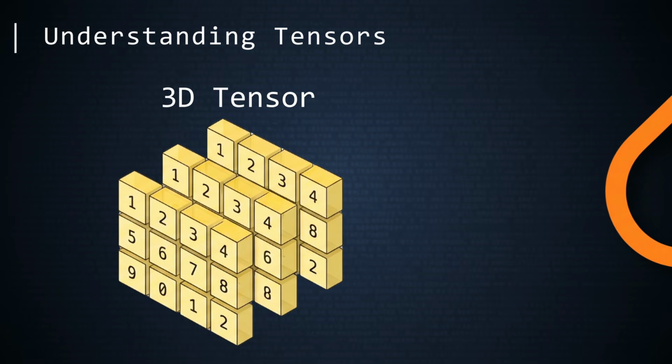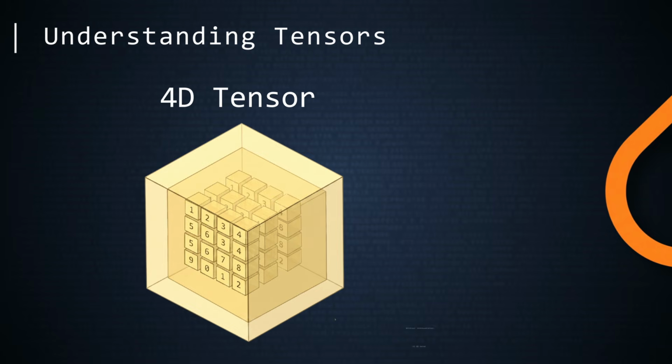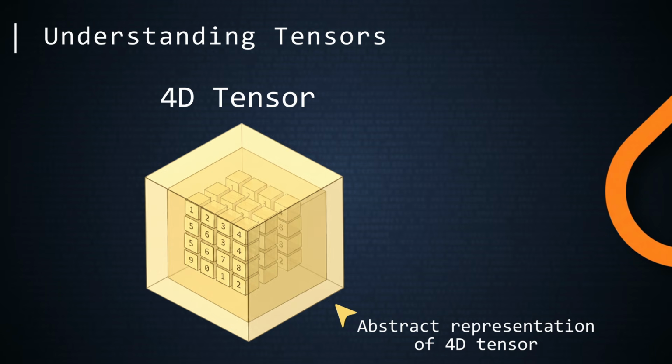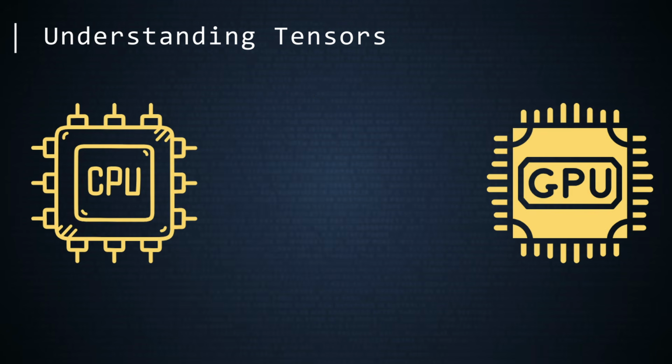A three-dimensional tensor is a stack of matrices, a structure that can still be represented visually. Beyond 3 dimensions, tensors can no longer be visualized geometrically, but the logic remains consistent. A 4-dimensional tensor is a list of 3-dimensional tensors, and so on. This recursive definition is both elegant and practical.